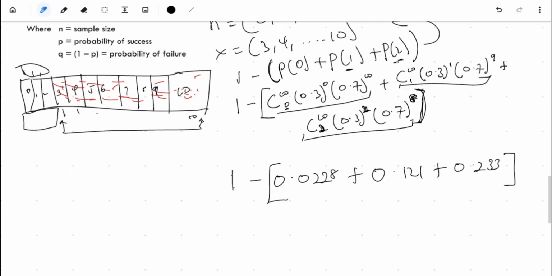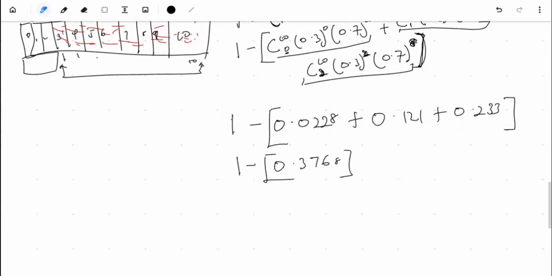Okay, so 1 minus the summation of this, 0.3768. So 1 minus that, what we are going to get is 0.6232, representing, as a percentage, 62.32%.